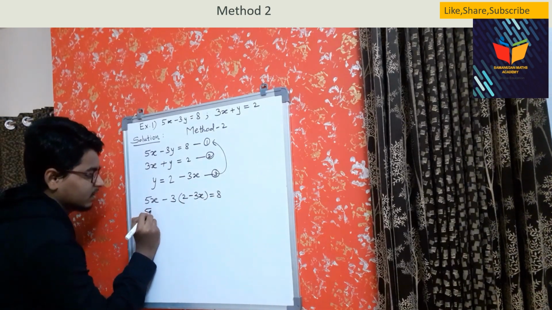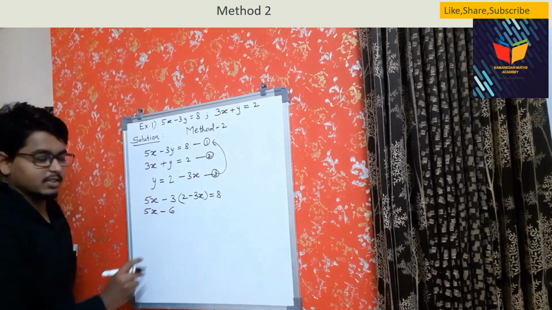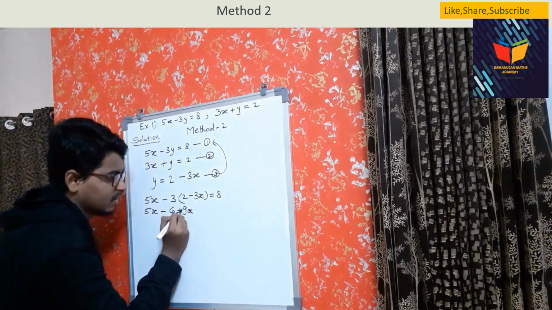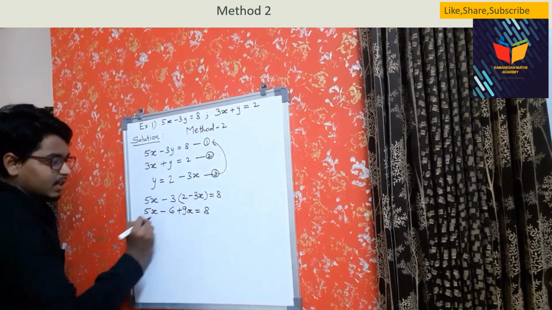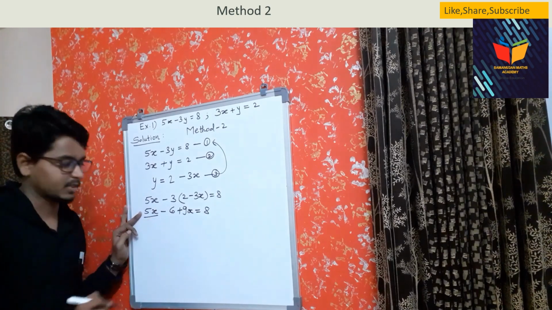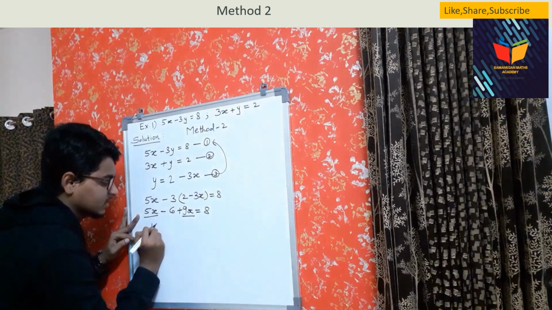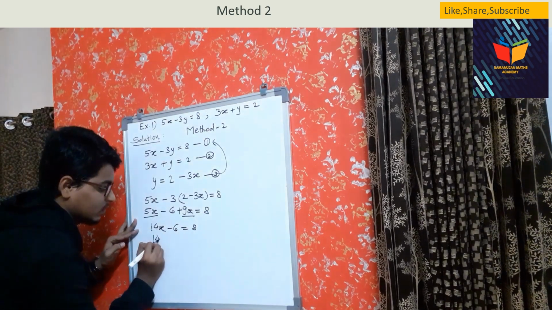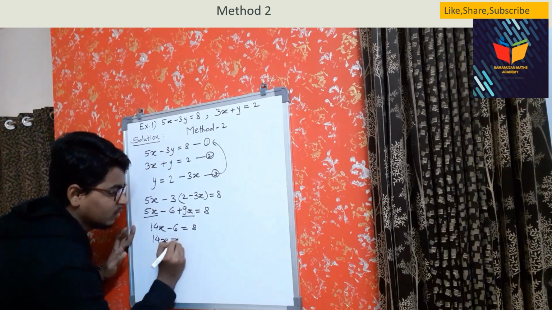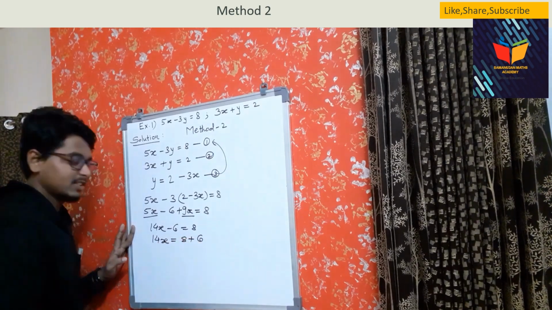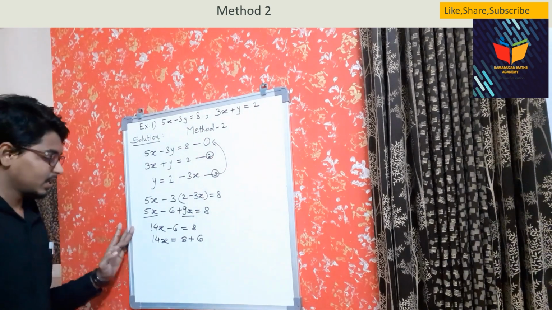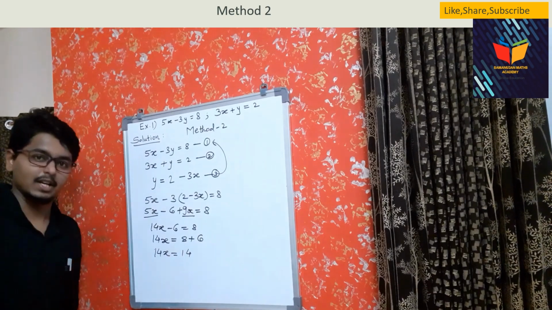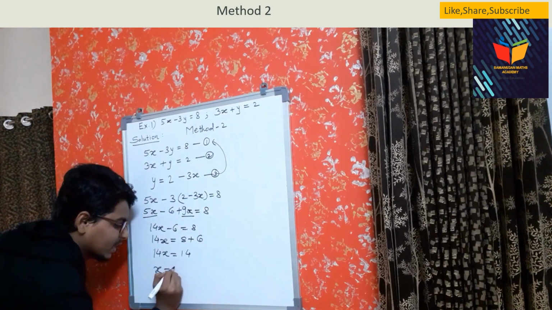Now solving: 5x minus 3 times 2 is 6, 3 3s are 9x, but the sign minus becomes plus, 9x equal to 8. Here the like terms, 5x plus 9x, 14x minus 6 equal to 8. Then 14x is equal to 8 plus 6, shifting this minus 6 to the right side of the equation. So 14x equal to 40. So we get the value of x as 1 again.